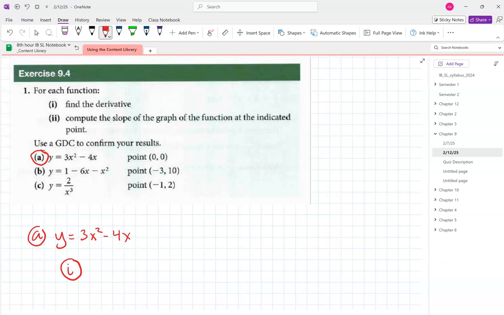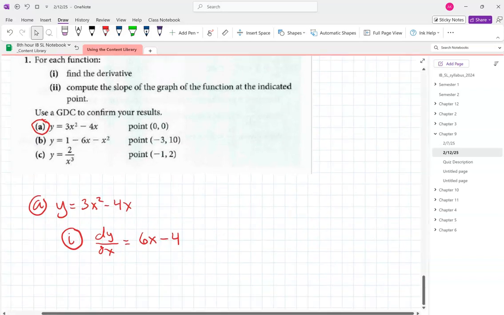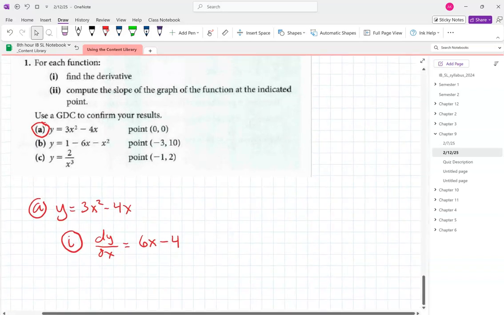Okay. So find the derivative of y equals 3x squared minus 4x. What's that? dy/dx equals 6x minus 4. So that's it. That's the derivative. It says compute the slope of the graph of the function at the indicated points.